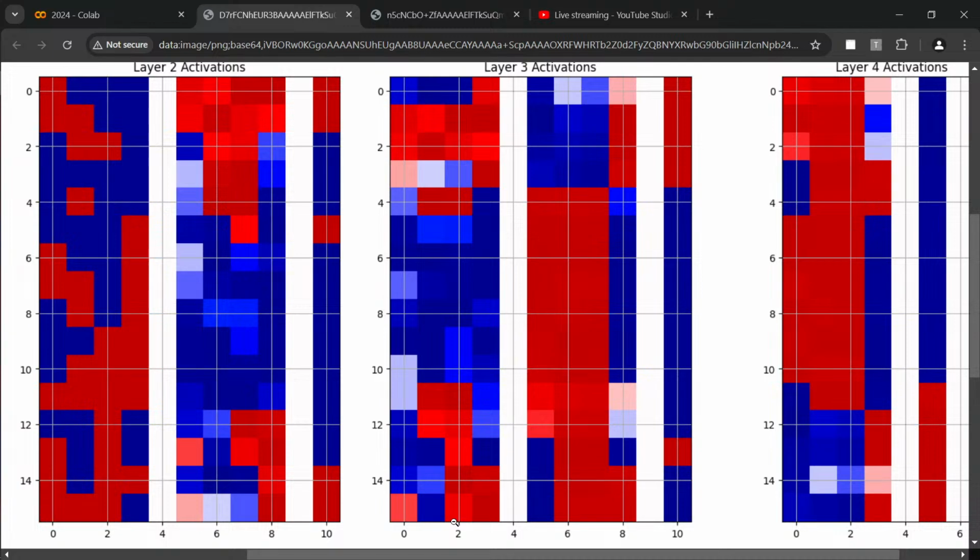So how can you distinguish these two rows?